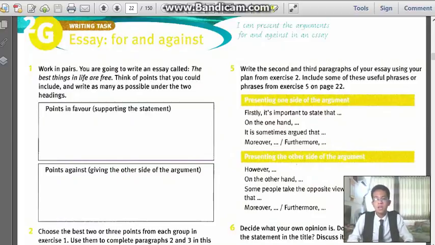Points against means the other side of the argument. They explained it for you. I had two ideas. First, things might be priceless. Because if the best things in life are always free, then people will not even care about the things that are very pricey.